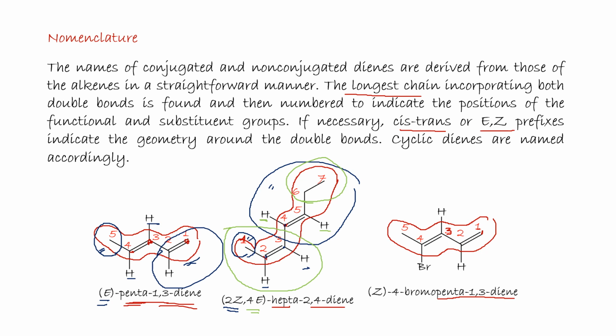We look now at carbons number 3 and 4. On 3 we have this group senior to hydrogen, and on this carbon we have bromine senior to CH3, and the two senior groups are on the same side, so it is Z. So this molecule is Z-4-bromo-penta-1,3-diene.